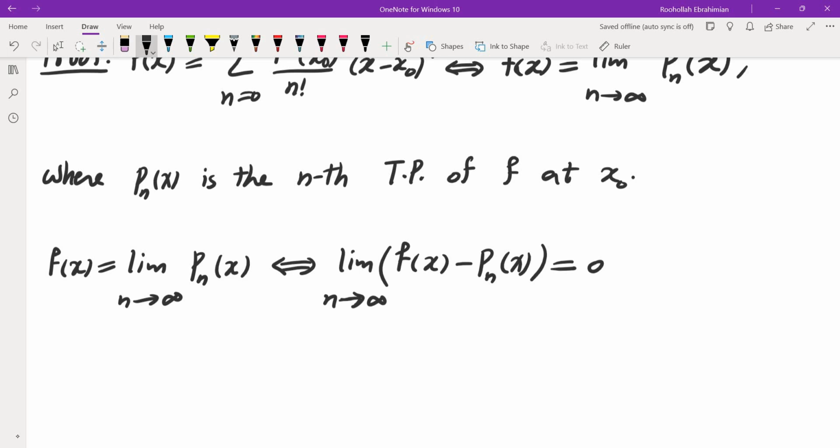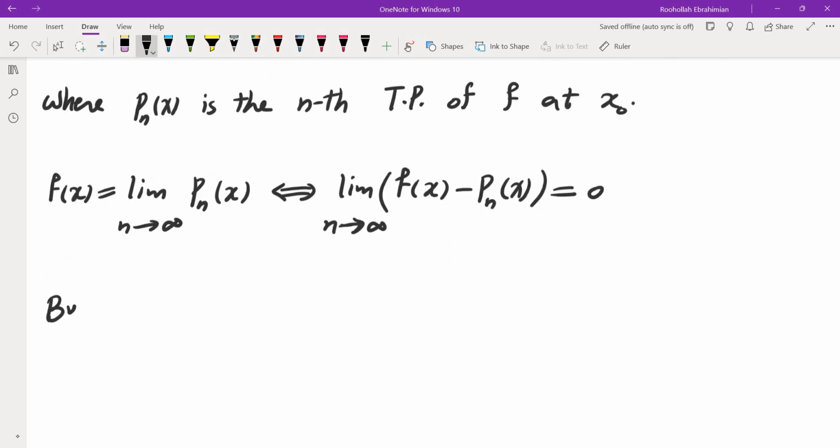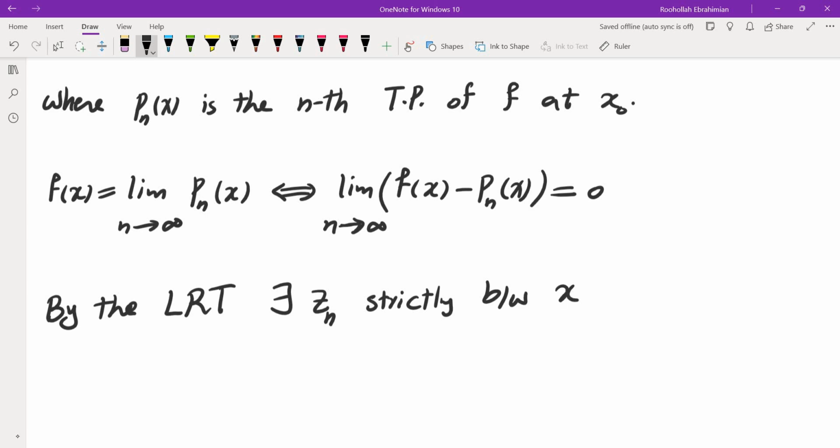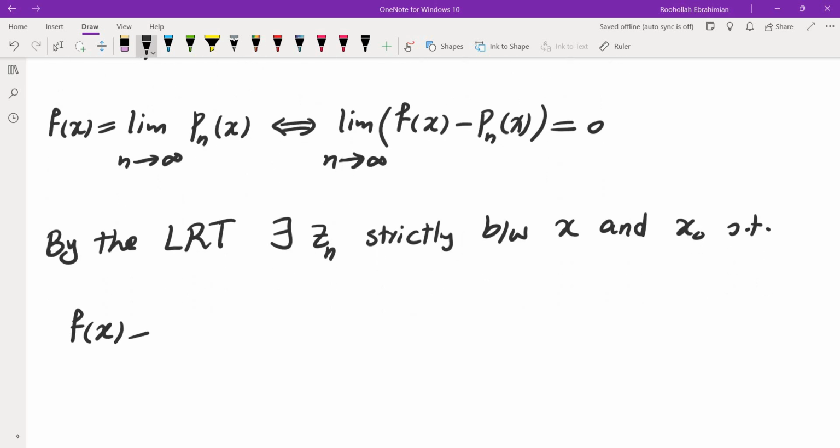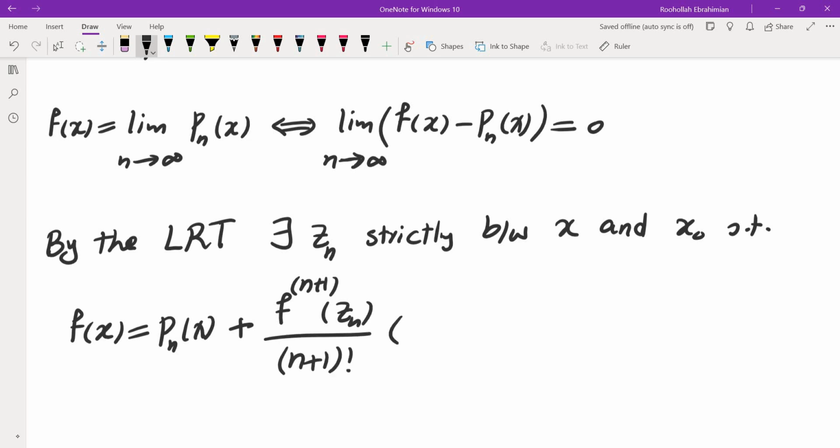Now let's look at f of x minus Pn of x. By the Lagrange Remainder Theorem, there is some number, because it does depend on n, I'm going to call it Zn, strictly between x and x naught, such that f of x is equal to Pn of x plus the remainder, which is f^(n+1) of Zn over n plus 1 factorial times x minus x naught to the power of n plus 1.